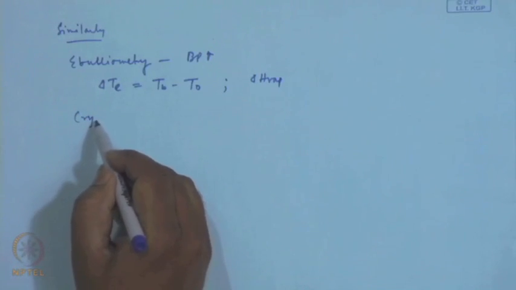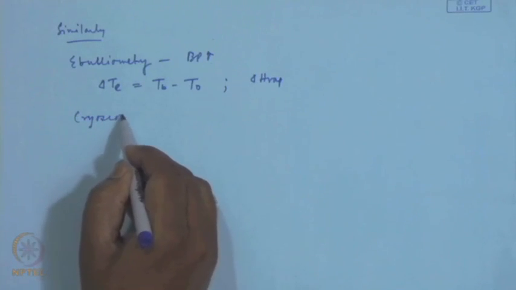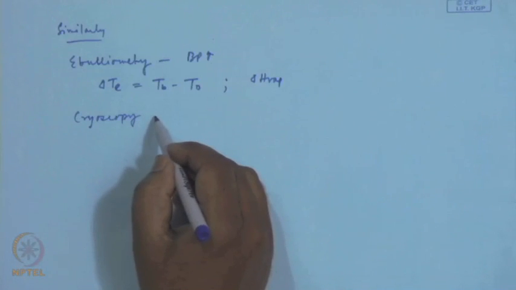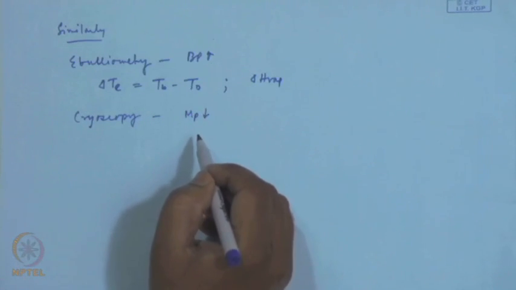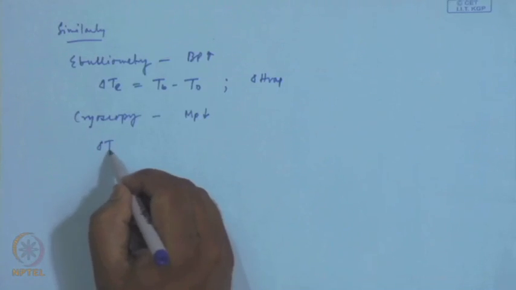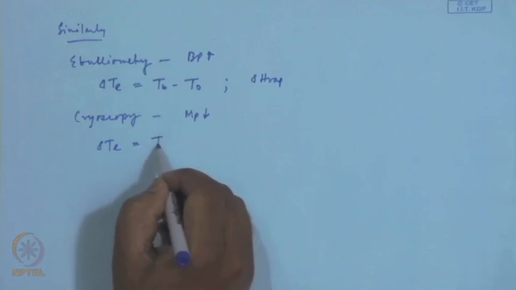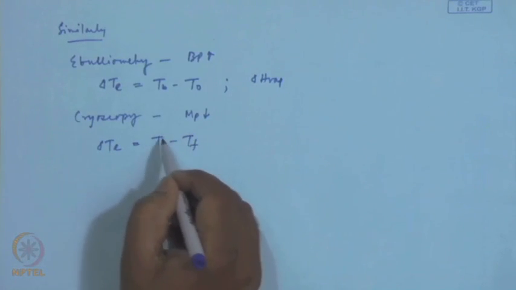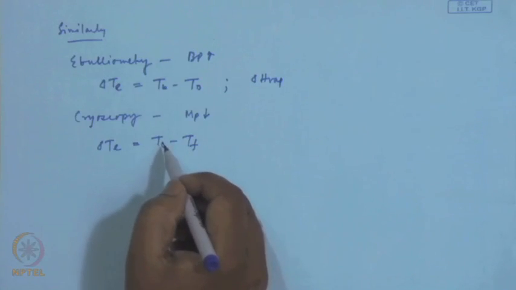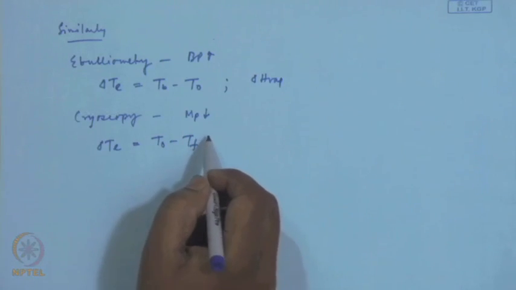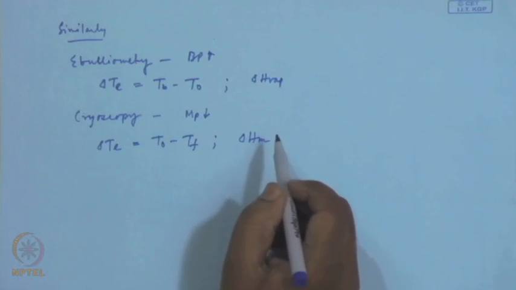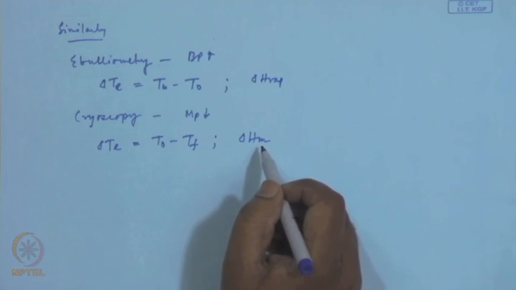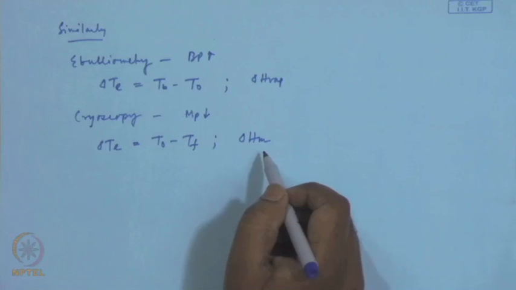And with the help of cryoscopy, which deals with the depression of freezing point, we can get the same. T0 is the freezing point of the solvent, Tf is the freezing point of the solution, where we need the molar enthalpy of freezing or melting.